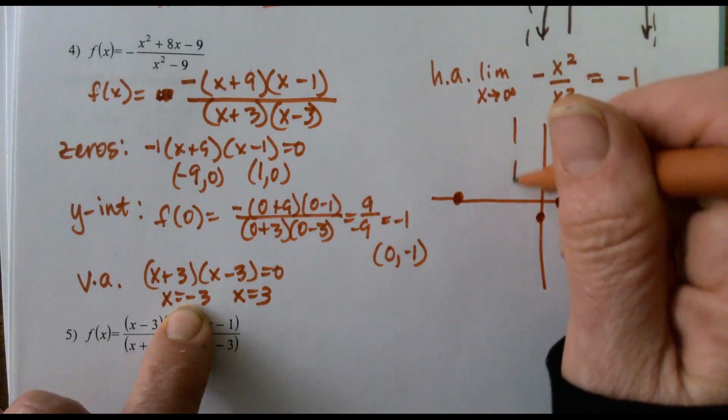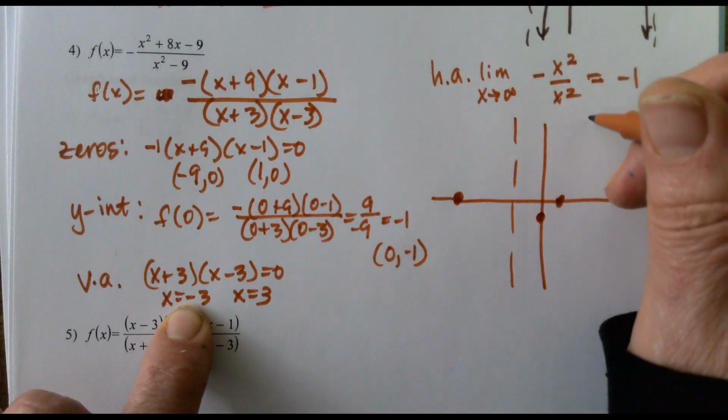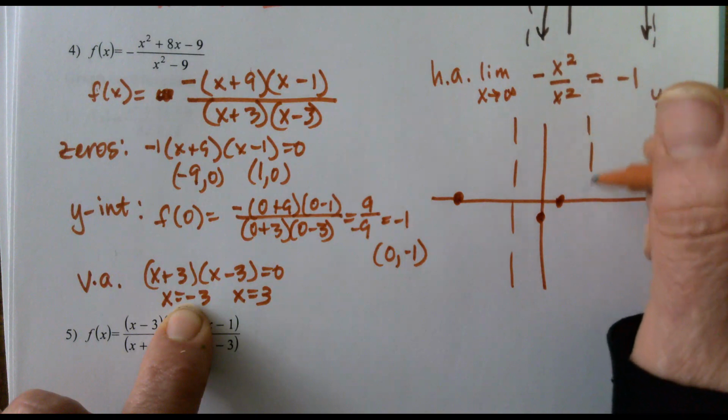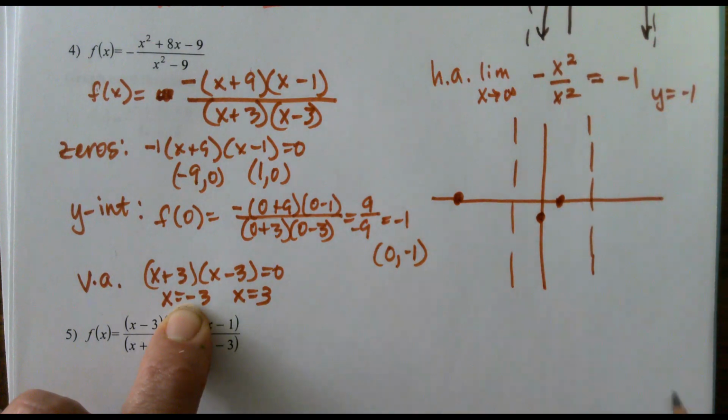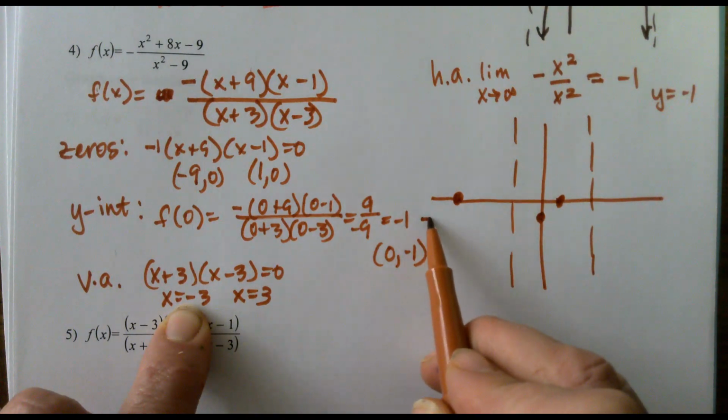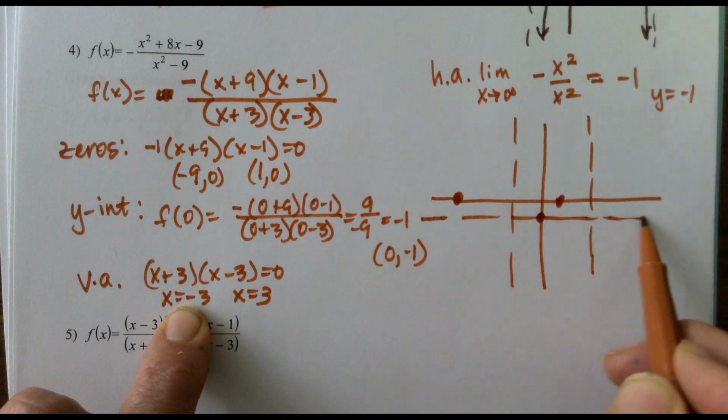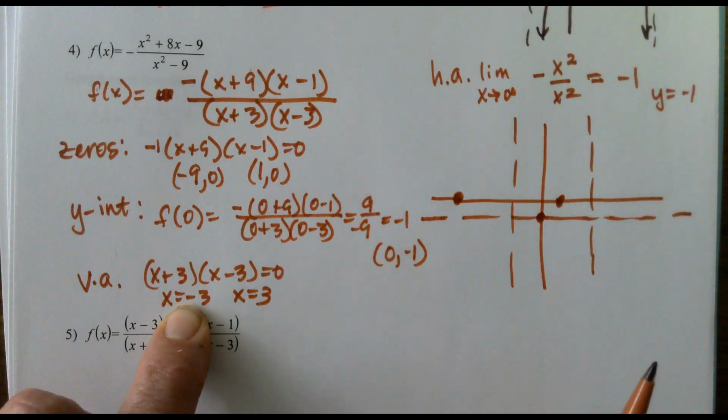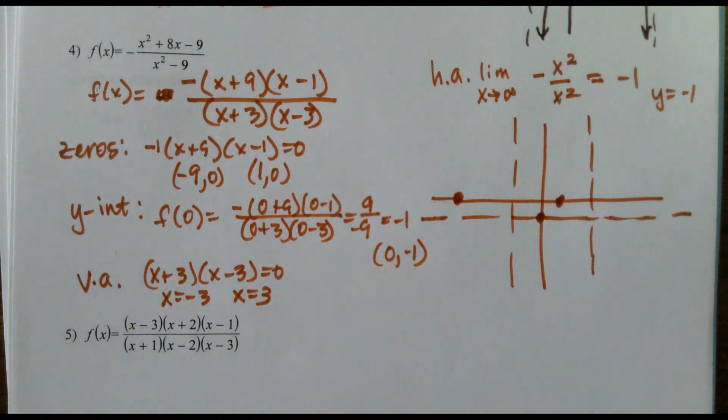Negative 3, positive 3, and negative 1. Here's an example where I have a point that is on the horizontal axis, and that is okay. What is not okay is a point on the vertical axis. So I have to take that out if that happens.